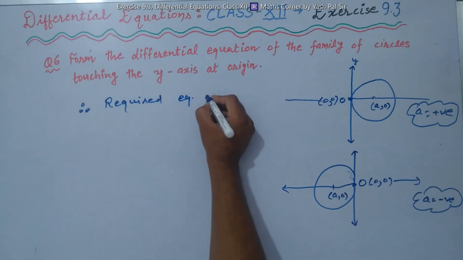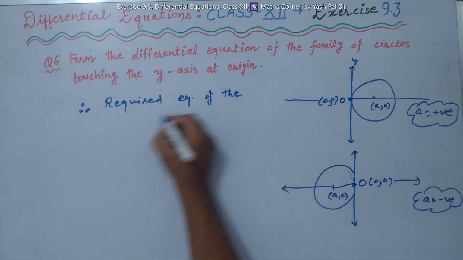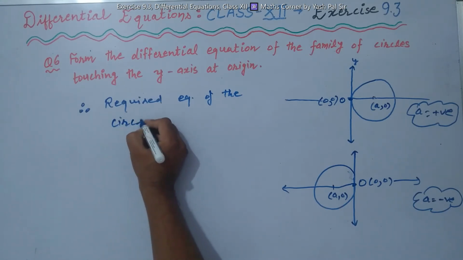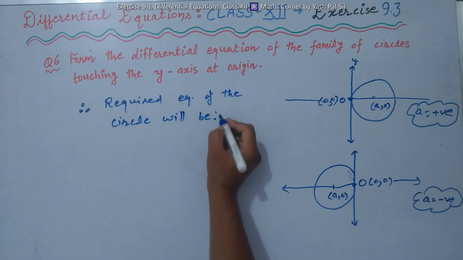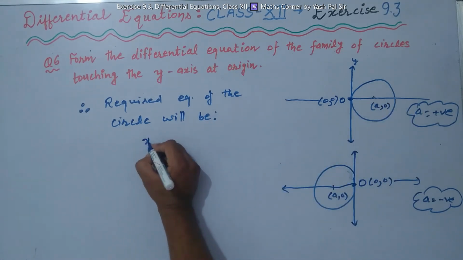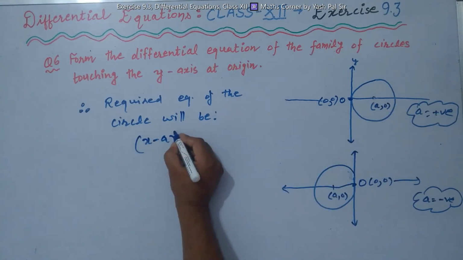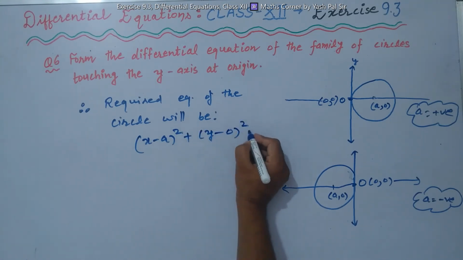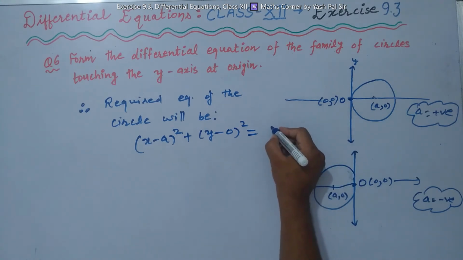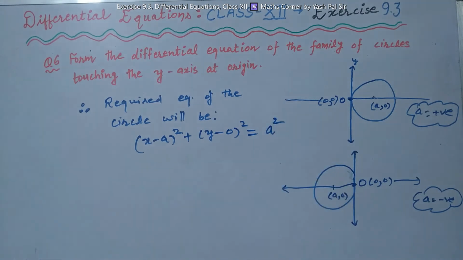So the required equation of the circle will be, what will be the equation? x minus a whole square plus y minus 0 whole square equal to r square. r is also a here, so r square is a square, right?